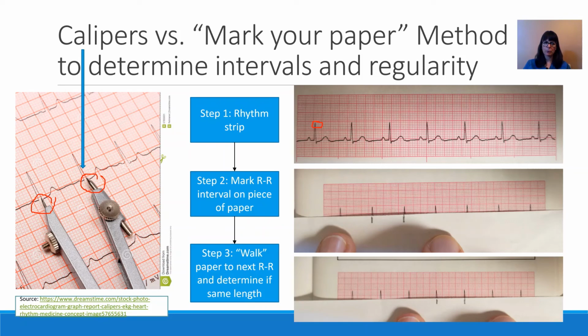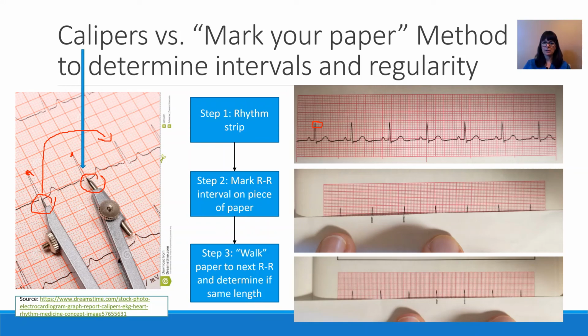So you basically put one pointy tip of the calipers in this R, and then the other one over here on this R wave, and then you would flip this side over to the next one and see if the distance remains the same. And then you know if the heart rate is regular, or of course if it's irregular.